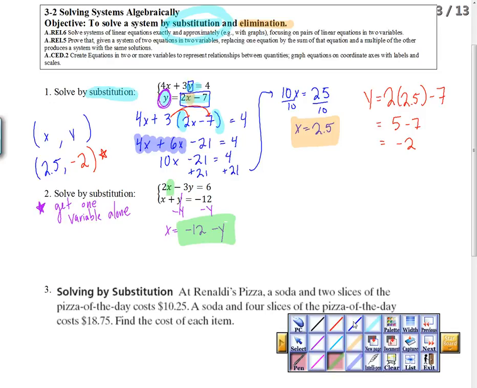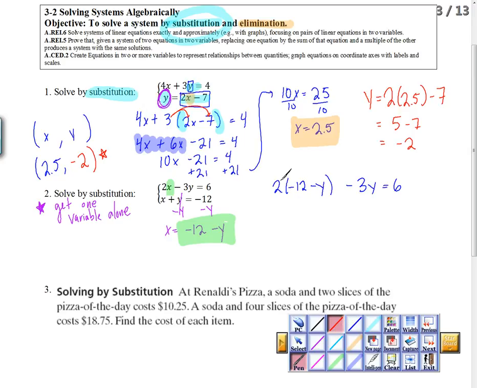So my equation now becomes 2 times the quantity negative 12 minus y, close my parentheses, and then minus 3y equals 6. Be careful with your negatives in here.